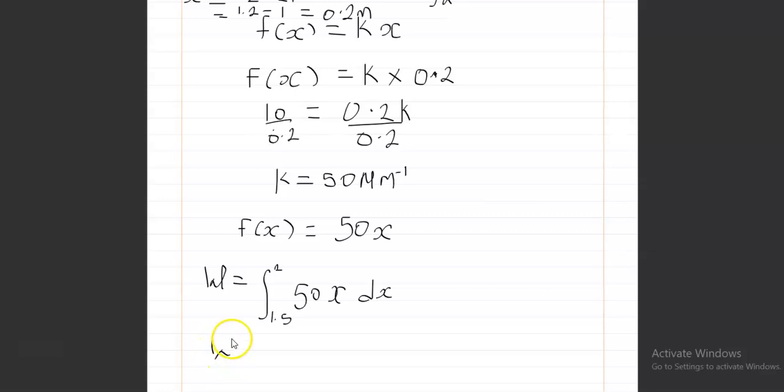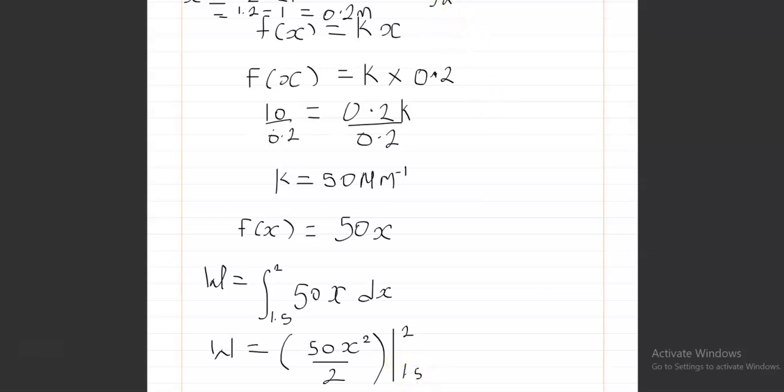So W here will be equal to the integral of 50x, which gives 50x squared over 2, from 1.5 to 2.